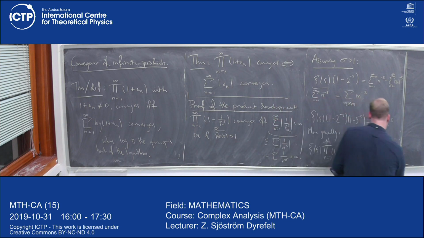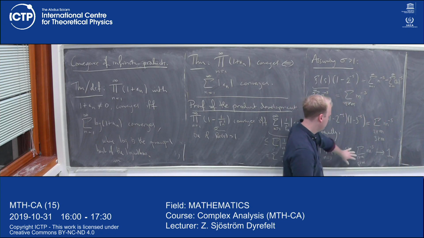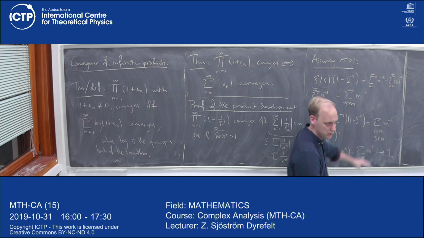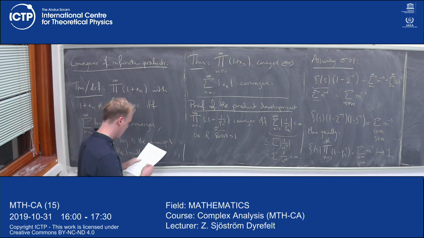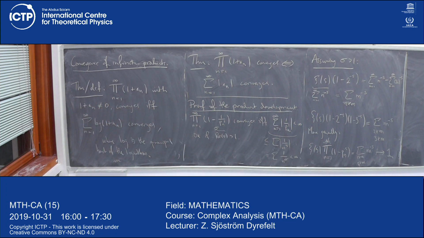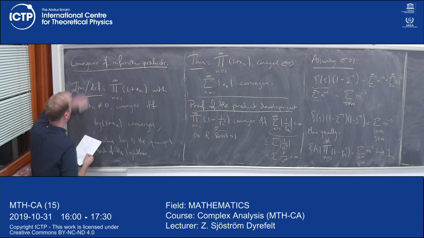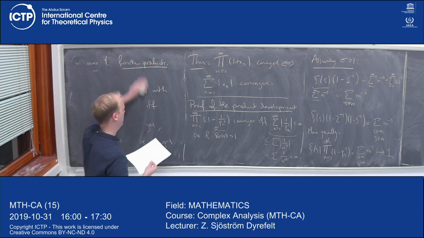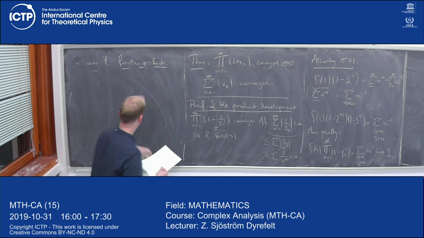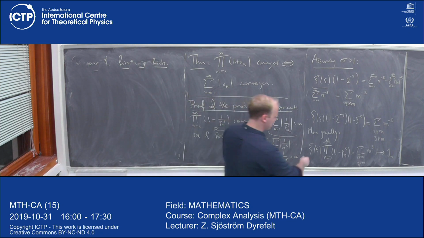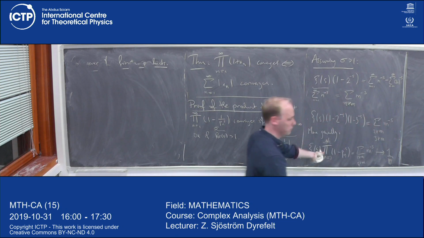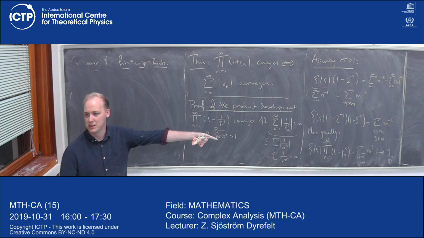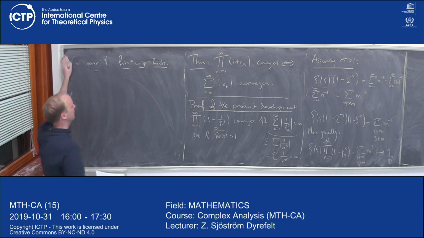It goes to 1. Because, of course, the next term is Pn plus 1 to the power minus s. So this goes to 1, and this ends the proof, right? Therefore, since this tends to 1, we have shown that 1 over the zeta function is equal to that product in the limit.